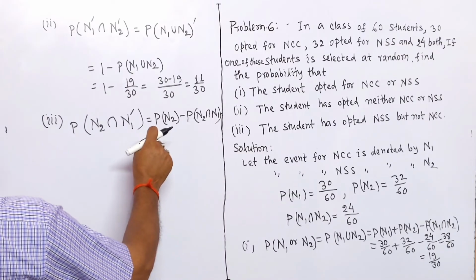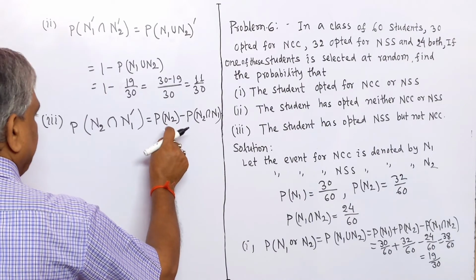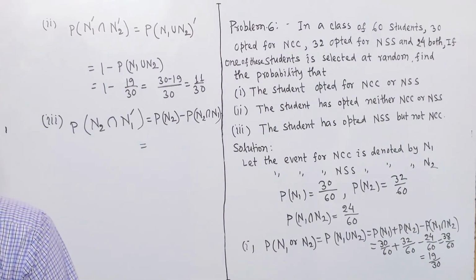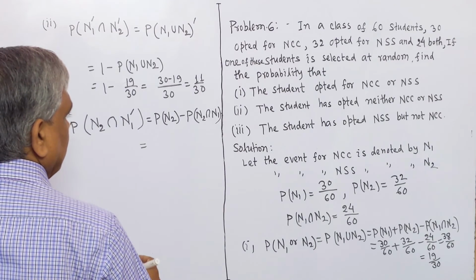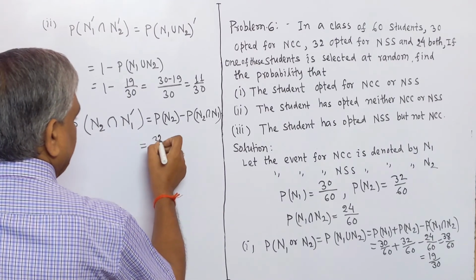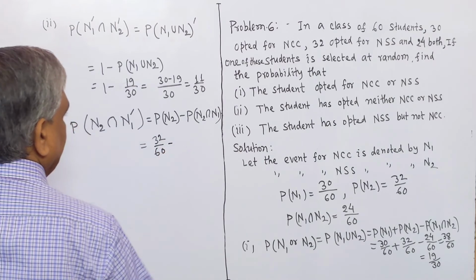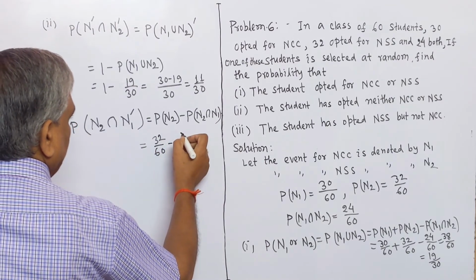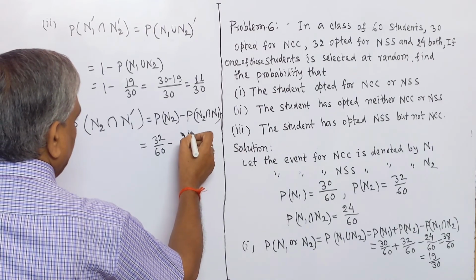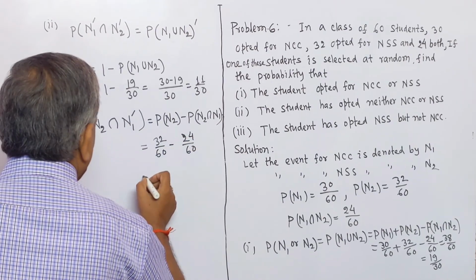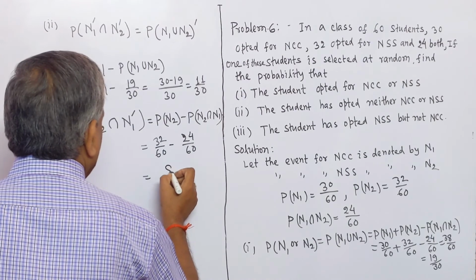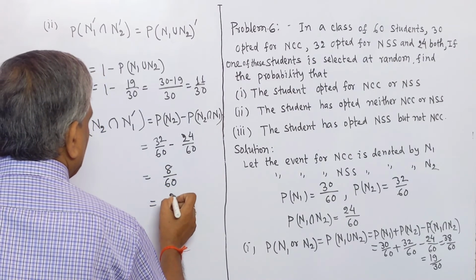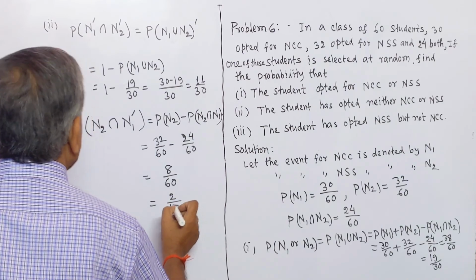We know this formula from our previous video lecture. This equals P(N2), which is 32 by 60, minus P(N2 intersect N1), 24 by 60. This is equal to 8 by 60, which means 2 by 15.